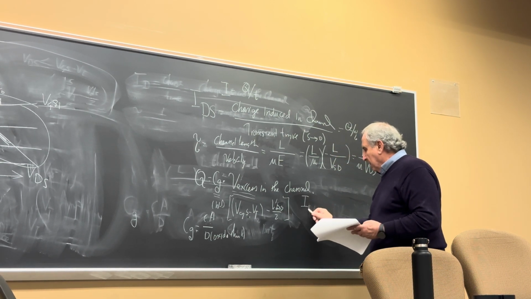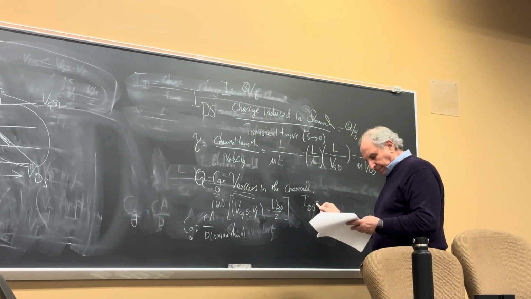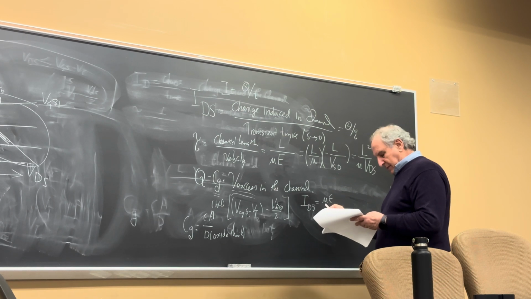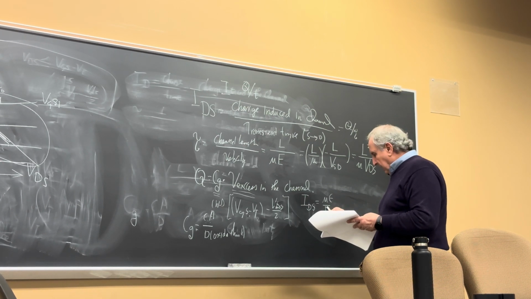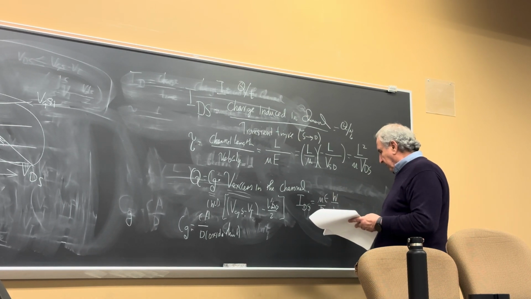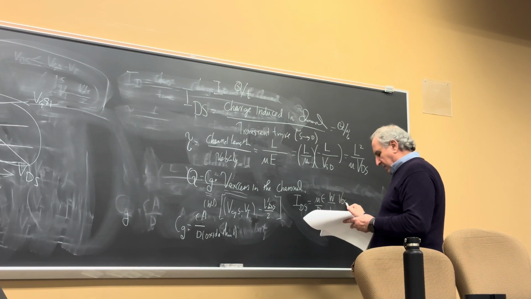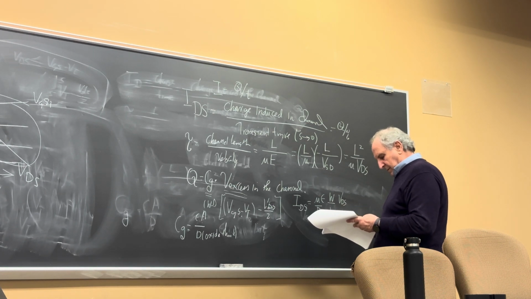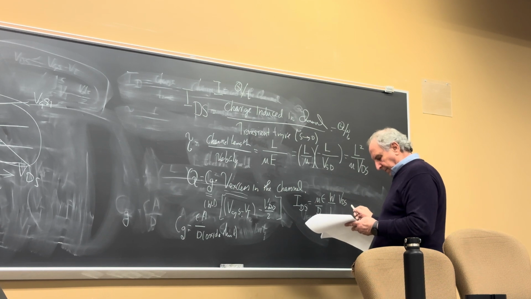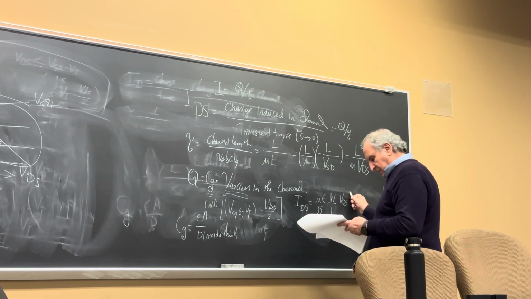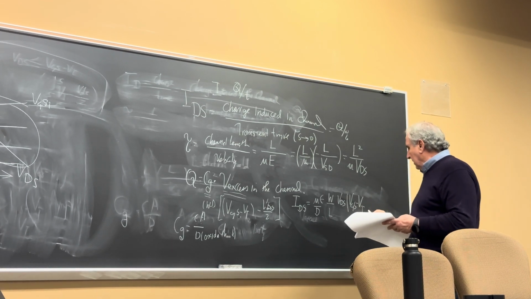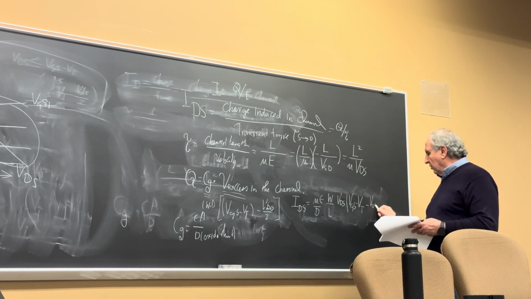And you put all that stuff together, you're going to end up with IDS equal to mu epsilon over D, W over L, VDS times VGS minus VT minus VDS over 2.